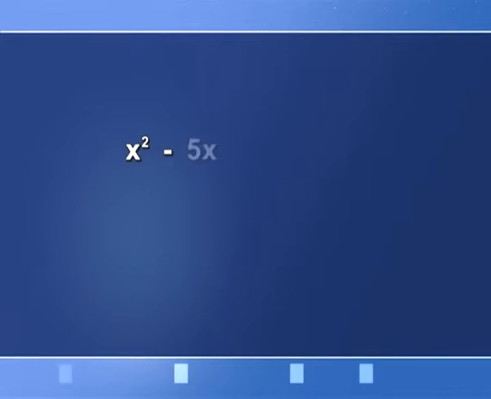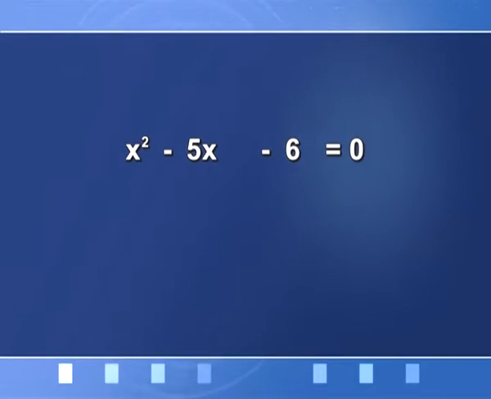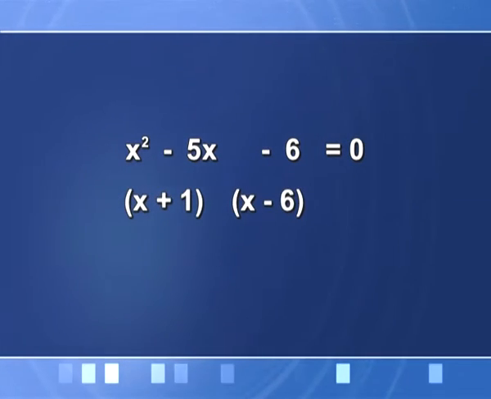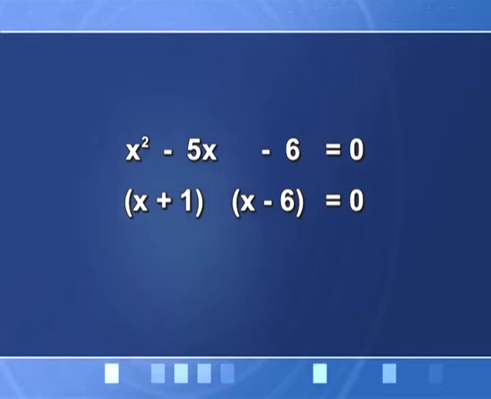Now, going back to the equation once again, x square minus 5x minus 6 is equal to 0 can be written as x plus 1 into x minus 6 is equal to 0. Whenever the product of 2 factors is 0, you must recall that either both the factors are 0 or at least one of them is 0.